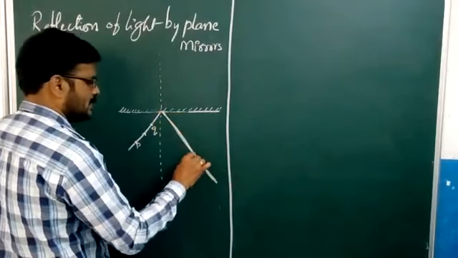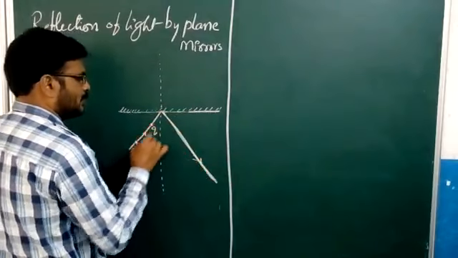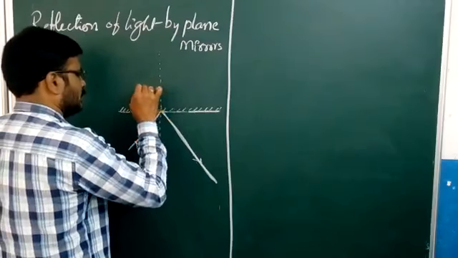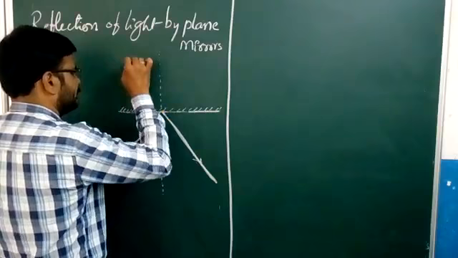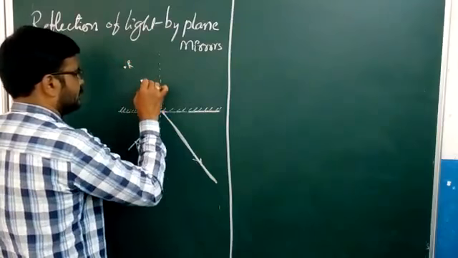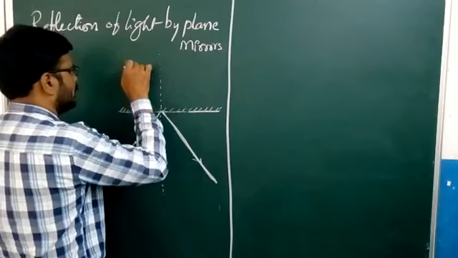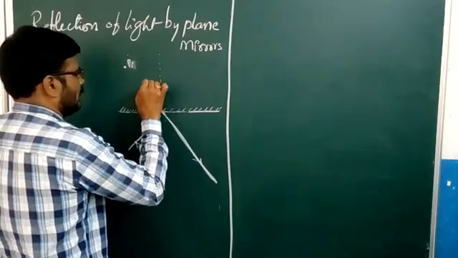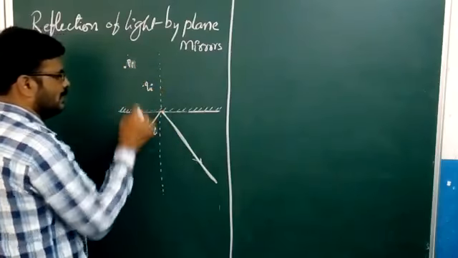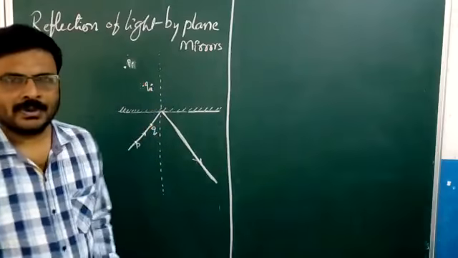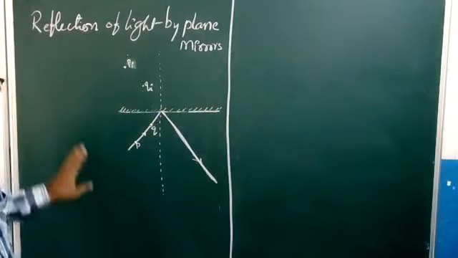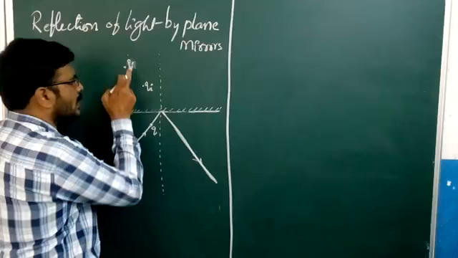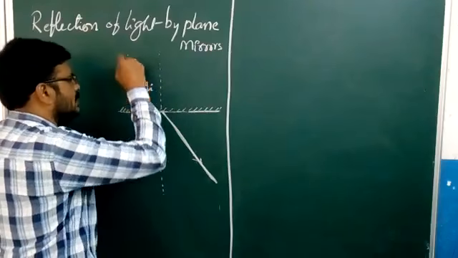Now join those two pins in order to obtain this. This picture will be shown to you here: P I and Q I, the image of P and image of Q. I am keeping this to make you understand that the image of Q and image of P are seen here.